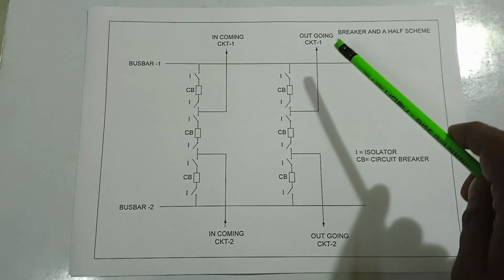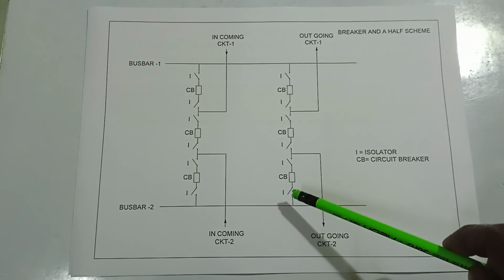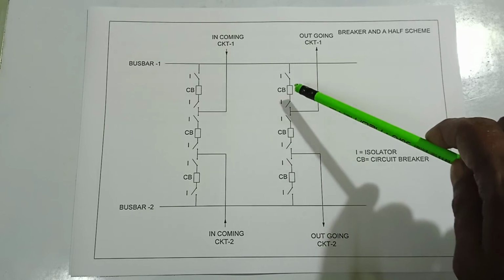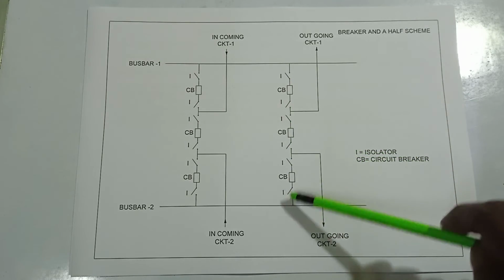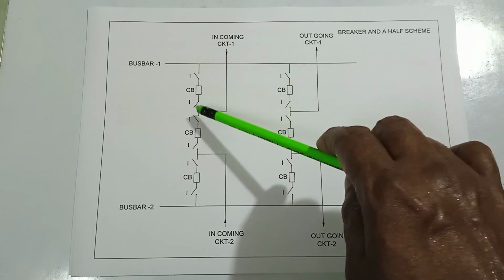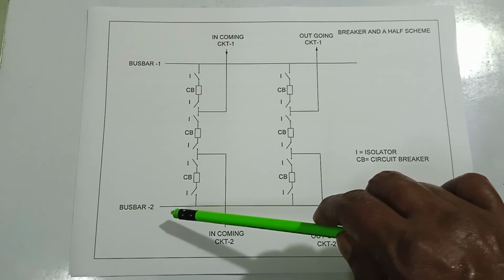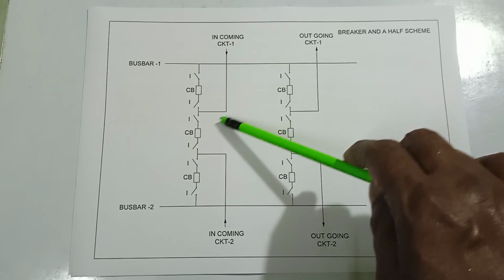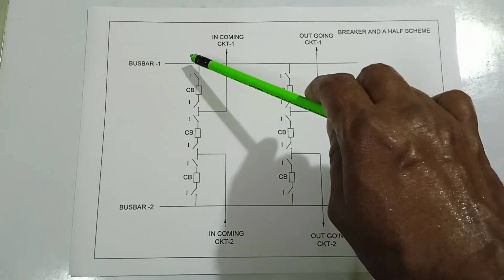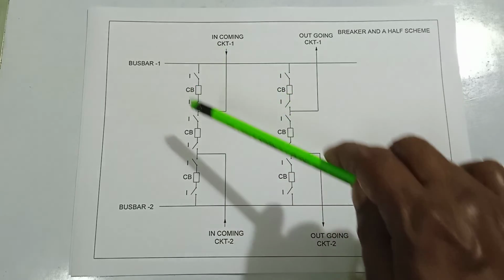This is a picture of breaker and a half scheme. Three breakers are positioned in between two bus bars. This is the incoming line and this is the incoming line. This one energizes bus bar 2, and this incoming line energizes bus bar 1.